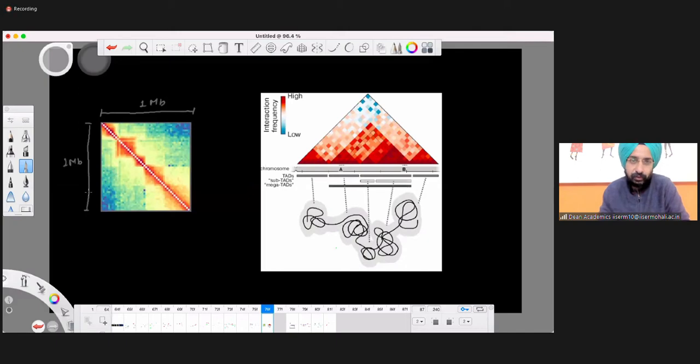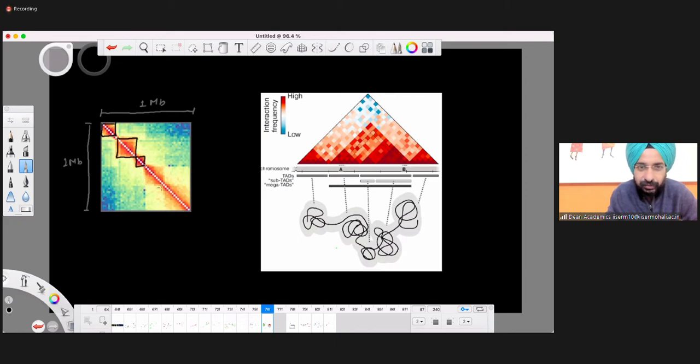What is peculiar here is that, of course, the diagonal has to be emptied because self-to-self is meaningless. But you see, along the diagonal, you have very high frequency of interactions, isn't it? Look at this square, right? You have these squares coming up along the diagonal.